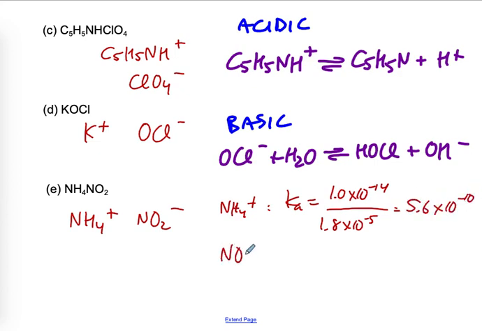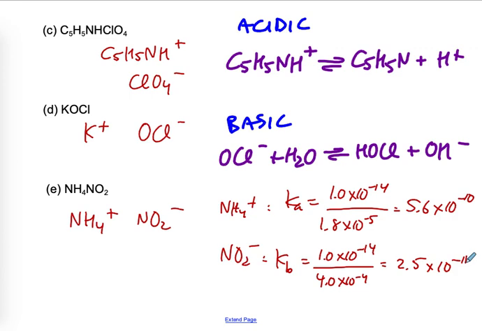But Kb for the nitrite anion is equal to Kw divided by Ka for nitrous acid, which is 4.0 times 10 to the negative fourth, or 2.5 times 10 to the negative 11. Okay? We see here that the acidic component, ammonium, has a larger ionization constant than the basic component, NO2 minus.